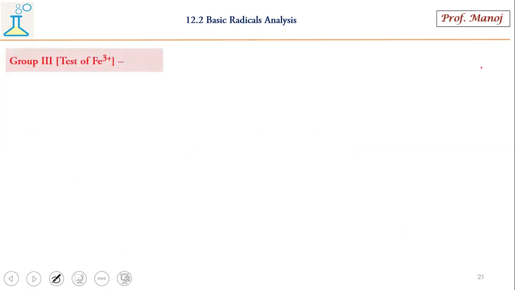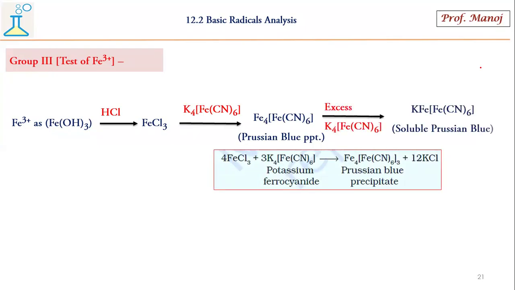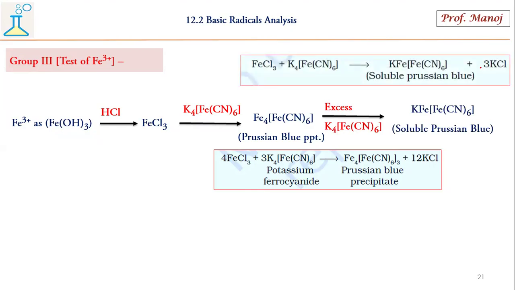Then comes the test of Fe+3. Fe+3 we have taken as ferric hydroxide, reddish brown PPT. So when treated with HCl, forms FeCl3. If you treat with potassium ferrocyanide, it gives you Prussian blue PPT, and when further treated with excess, the Prussian blue dissolves.